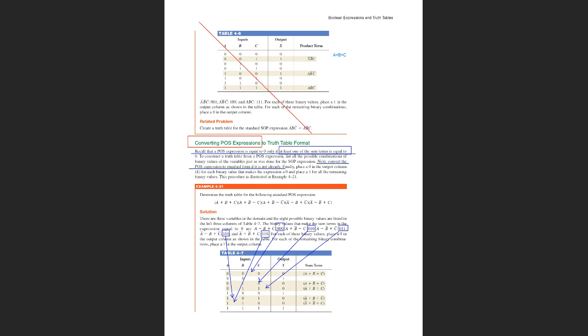In SOP, if a variable was 0, we were assigning not A in the product term. Here, when the variable is 0, we assign a straight variable A, B, and C. So this is the way we create it. And then when we have all rows with POS, we multiply and we have a POS form.